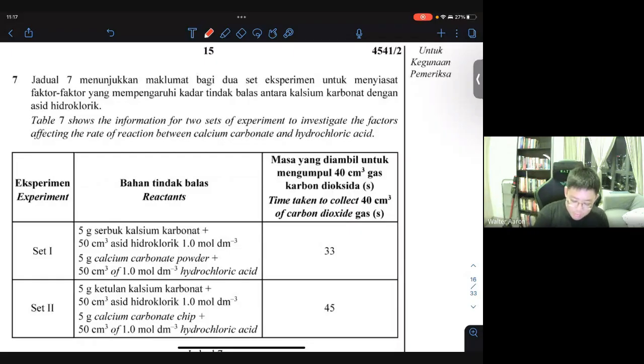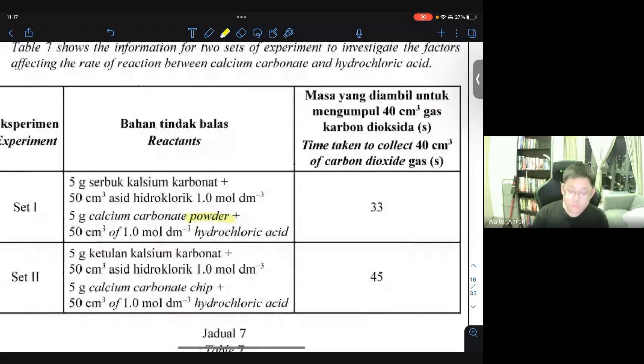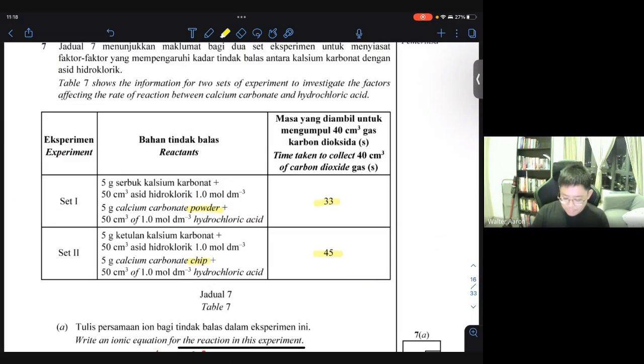The only thing that's different here is actually, one, we use calcium carbonate powder. The other one we use chips. So powder is fine. Chips are larger in terms of particle size. And you can see that the time taken for the carbon dioxide gas to get around 40 cm cube is only 33 seconds for set 1 and 45 seconds for set 2.